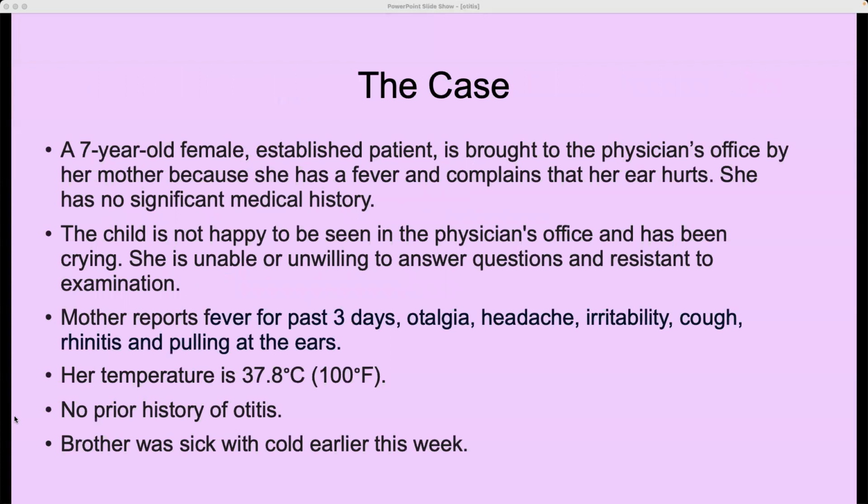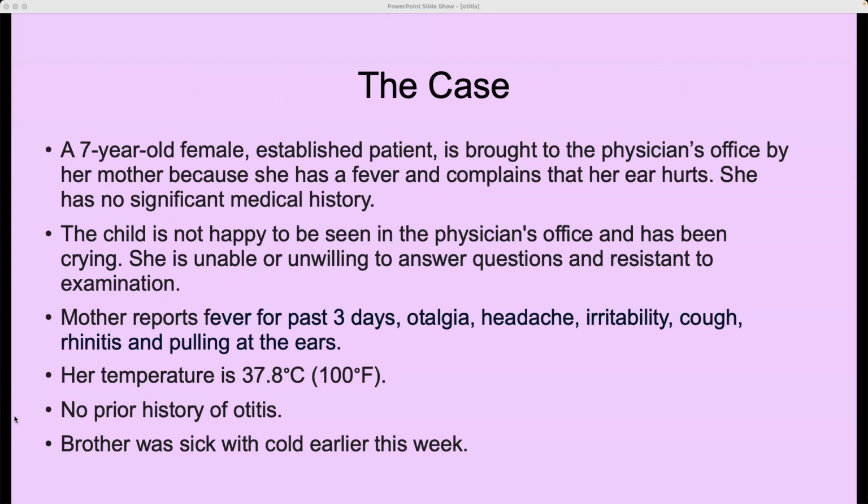Okay, so here's the case we'll be discussing. A 7-year-old female established patient is brought to the physician's office by her mother because she has a fever and complains that her ear hurts. She has no significant medical history. The child is not happy to be seen in the physician's office and has been crying. She's unable or unwilling to answer questions and resistant to the examination by the doctor.